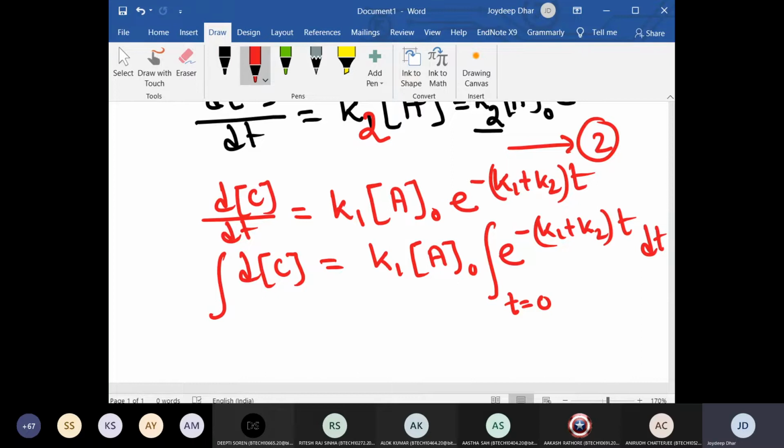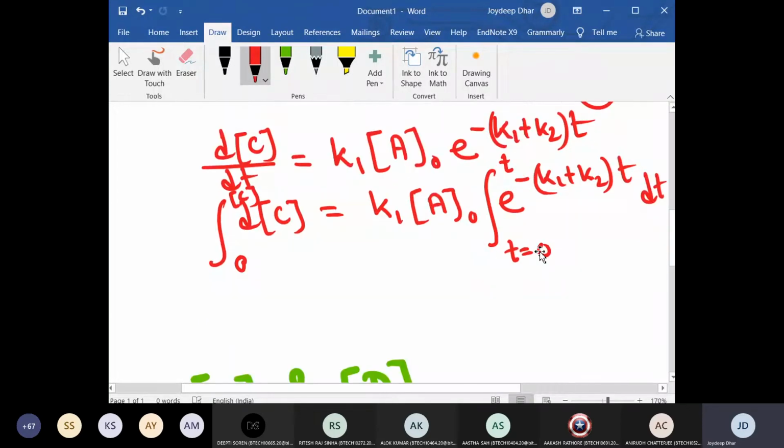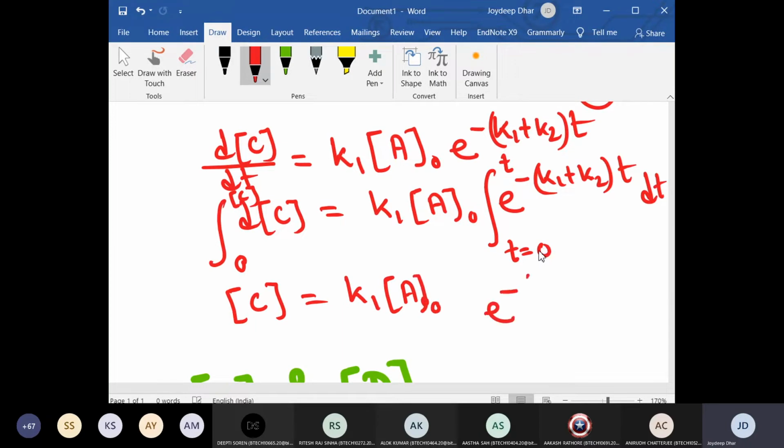And the upper limit will be when time is t, then you will have concentration C. So I can write, it will be C, and in this case K1 A naught and then e to the power minus (K1 plus K2) T divided by the rate constant term, that will be constant term.